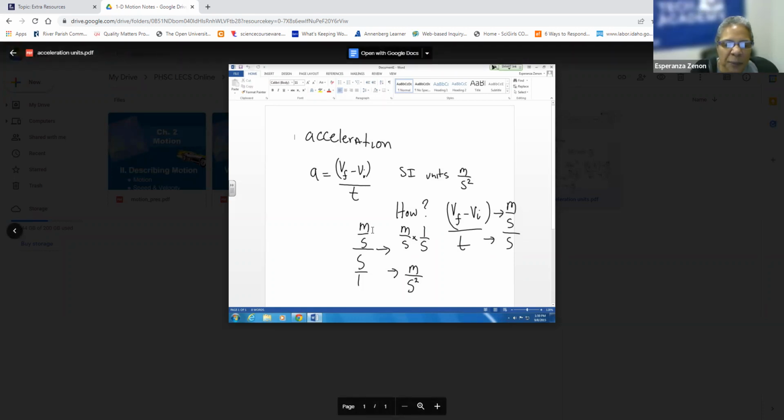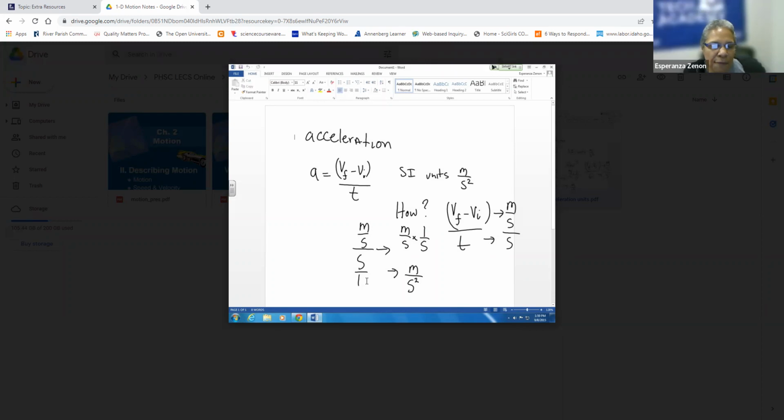So what does it boil down to? I have meters per second divided by seconds. I just took that bottom seconds and made it into a fraction. Dividing by 1 doesn't change anything. It just gives me a good visual of what's happening with the units. I have meters per second on top for velocity and seconds on the bottom for time. But you know the rules for fractions. If you divide by a fraction, you multiply by its reciprocal.